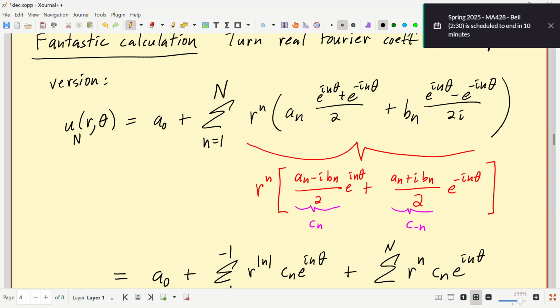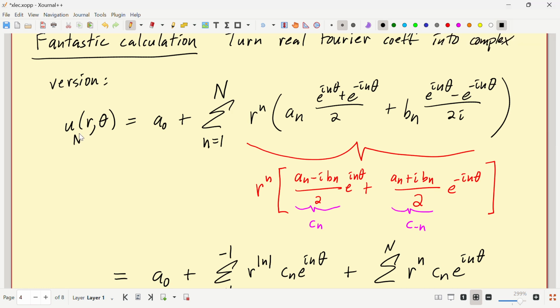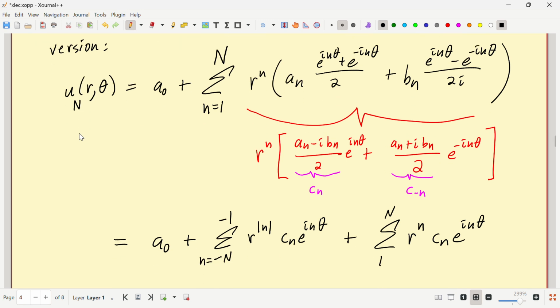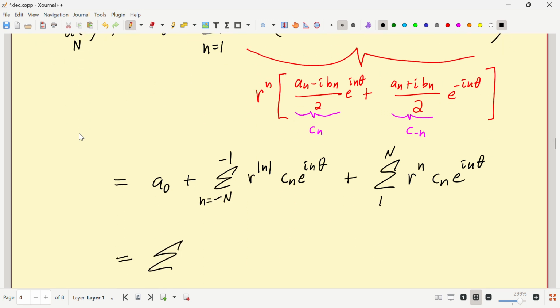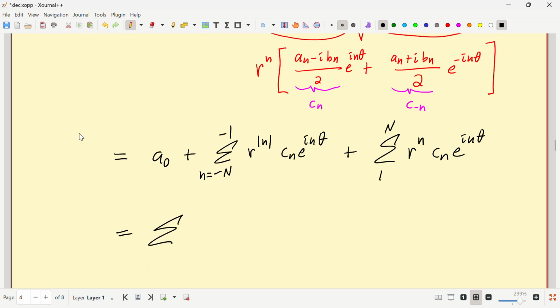It's a finite sum there. Anyway, you monkey around with it, and you get that this thing is expressed as a sum from minus n to n. And the only thing that's different here is you get an r to the absolute value of n. Meaning when it's positive, it's r to the n. When it's negative, it's also r to the absolute value of n.